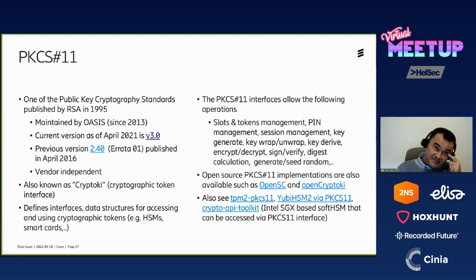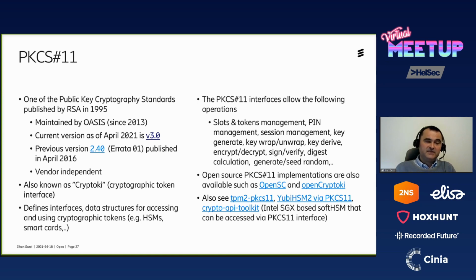Very briefly about PKCS 11, since I mentioned that I use the PKCS 11 interface to access those cryptographic tokens like modules. It's one of those Public Key Cryptography Standards published by RSA in 1995, and PKCS 11 has been maintained by OASIS since 2013. Right now there is version 3.0, but most of the things I'm using support 2.40 with errata 01.